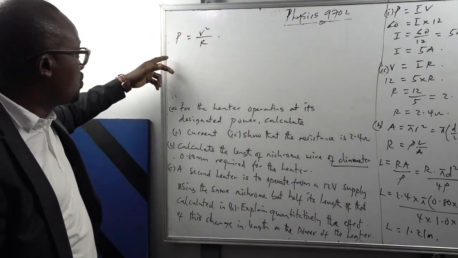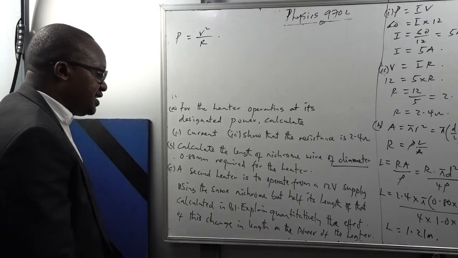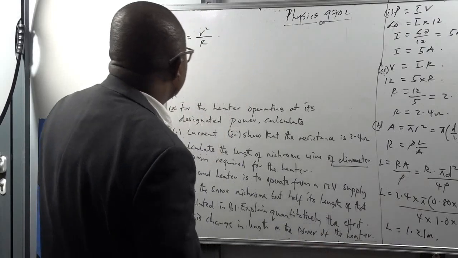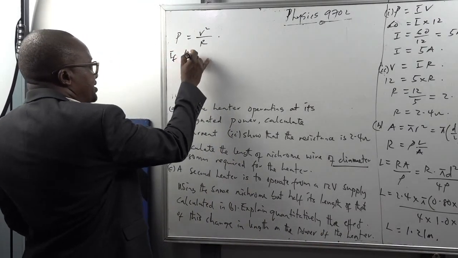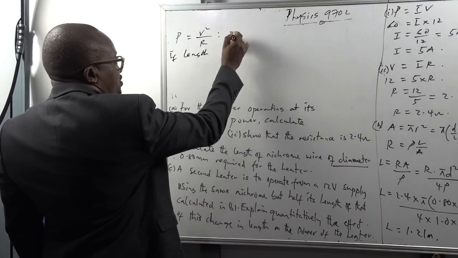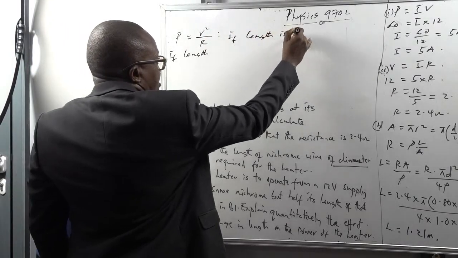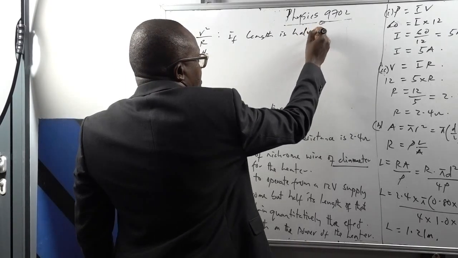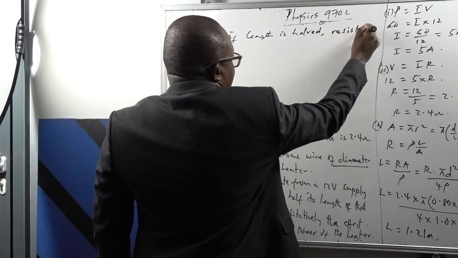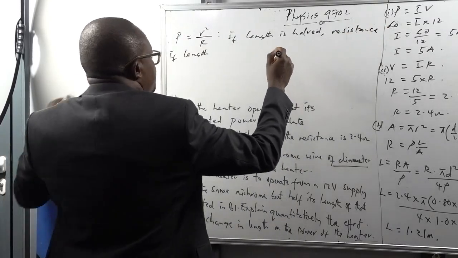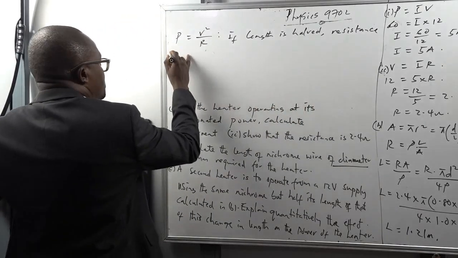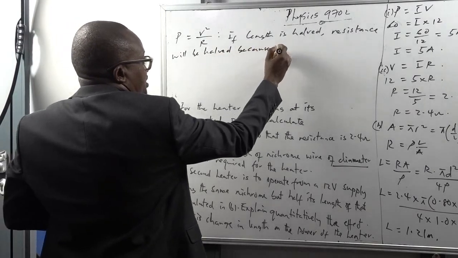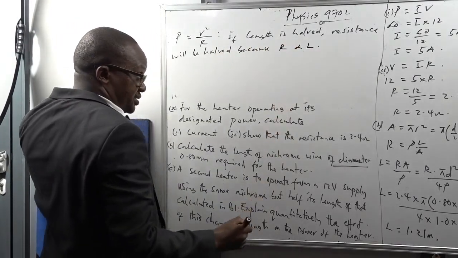Voltage is constant. So we can therefore answer the question: resistance is directly proportional to the length. So if the length is halved, let me start writing from here. If length is halved, resistance will be halved, because resistance is directly proportional to length. Is that okay?